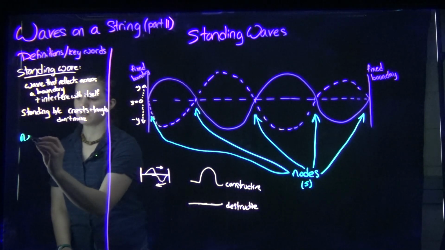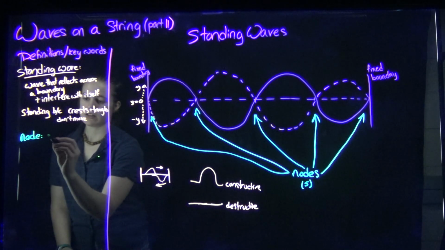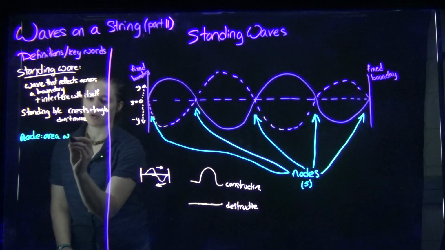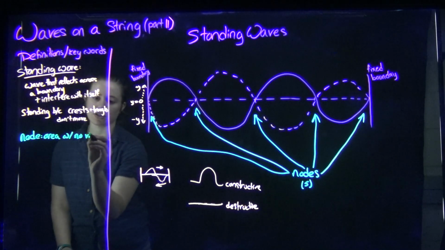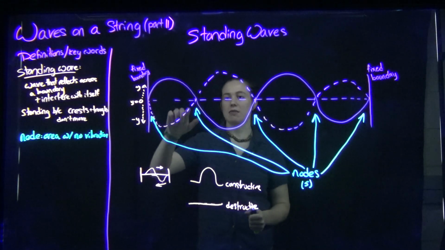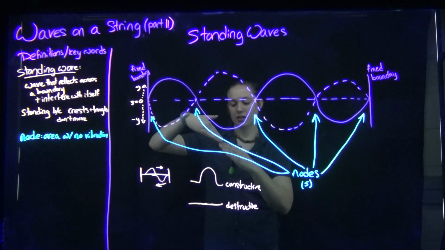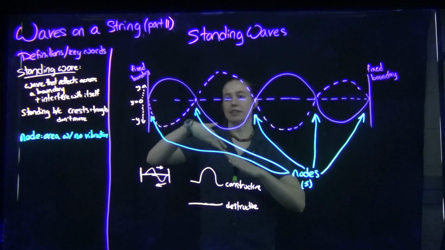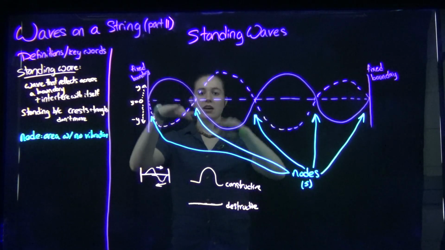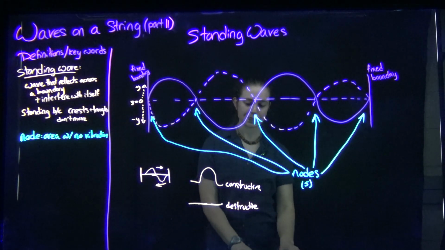A node is an area with no vibration. There's no vibration at that point. It does not move. It just stays in the exact same spot while these oscillate around it.